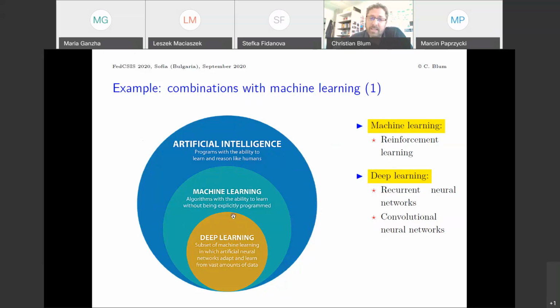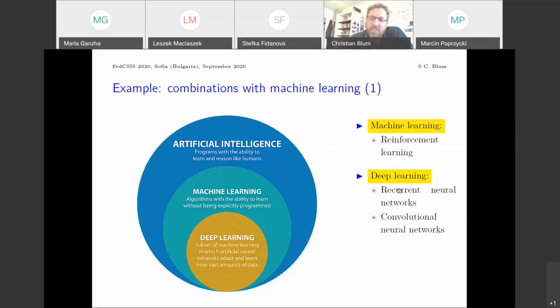This is part of machine learning where we deal with multi-layer neural networks, which were not really applicable until, let's say, 9 to 10 years ago, when NVIDIA developed the GPUs that could be used for training them. And then they suddenly got very, very powerful for areas like computer vision, for example.